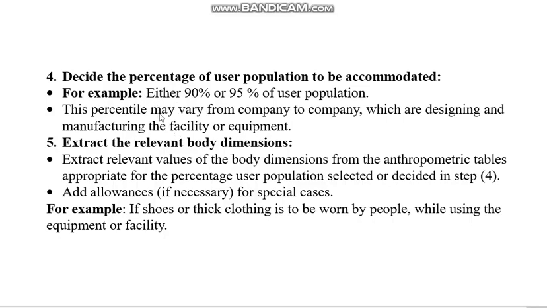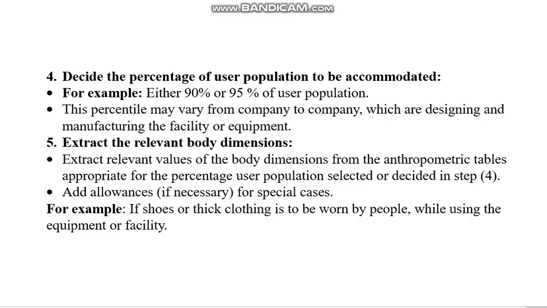You have to decide the percentiles as the percentage of user population. Next is extract the relevant body dimensions from the anthropometric tables. So many measurement data are available. For machine design also, we had a design data book.